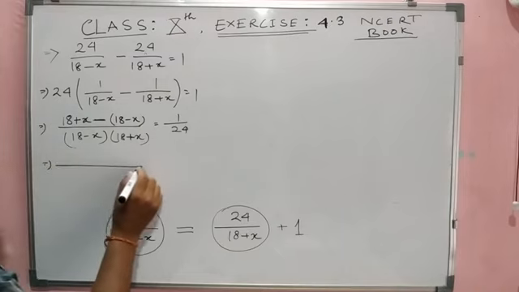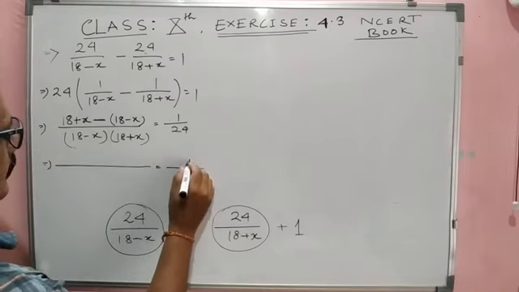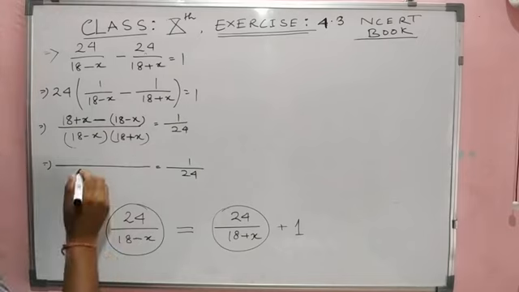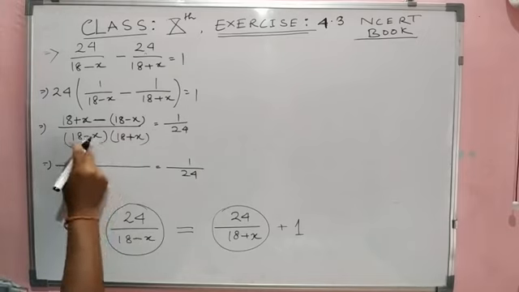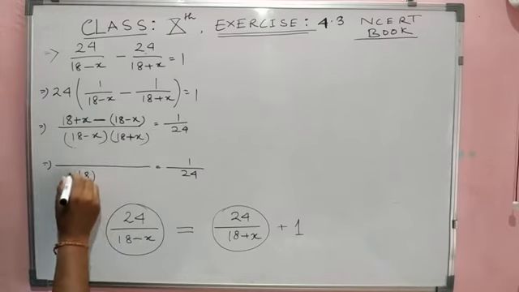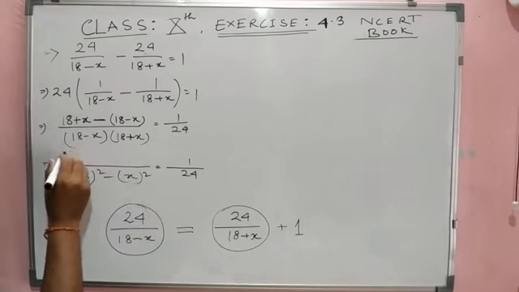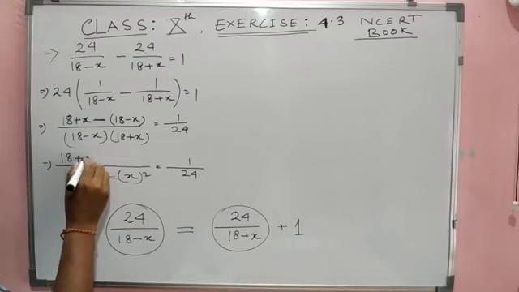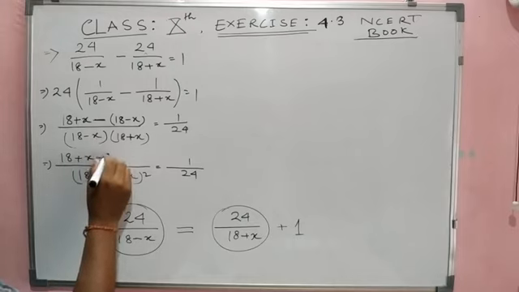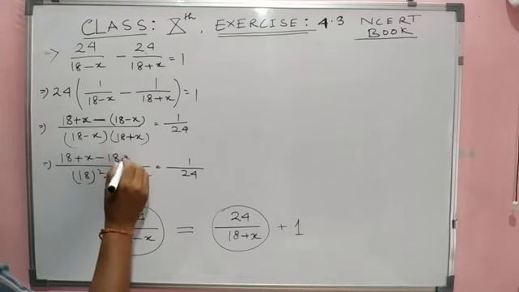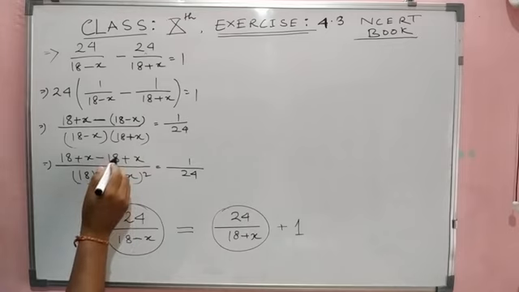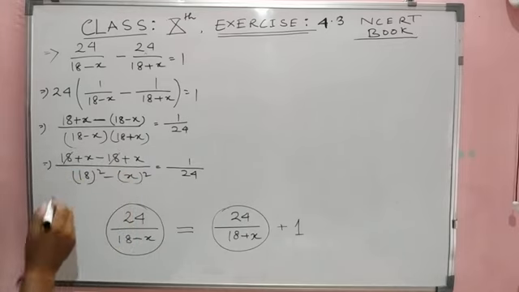Now let us simplify this. This is 1 by 24, and here a plus b whole into a minus b, so we can write this with the a square minus b square formula. And now 18 plus x, removing the bracket we get 18 minus 18 plus x, so this and this cancel.